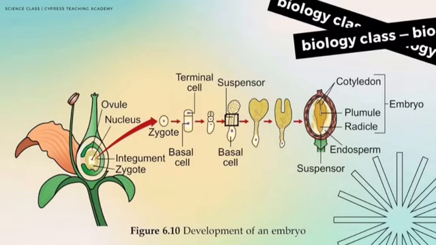While the smaller cell develops into the embryo, and this is the embryo. The embryo consists of cotyledon, plumule, and radicle. And then this is the endosperm tissue that supplies nutrients to the embryo.